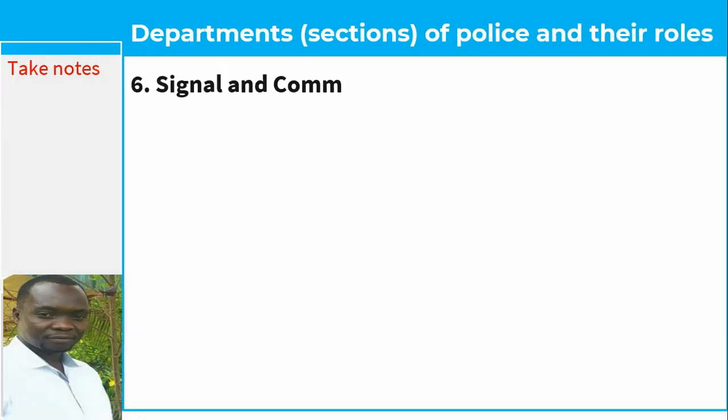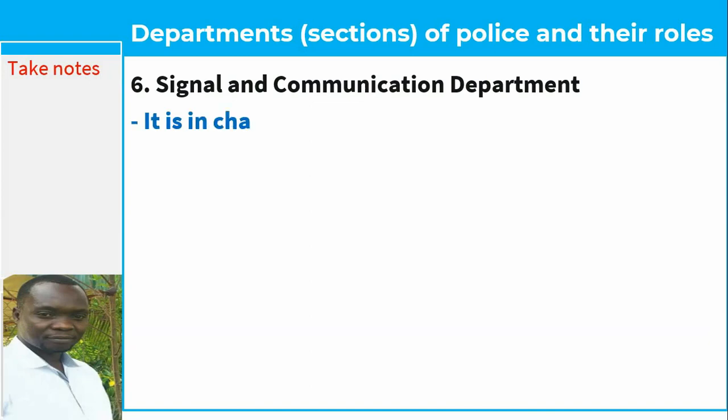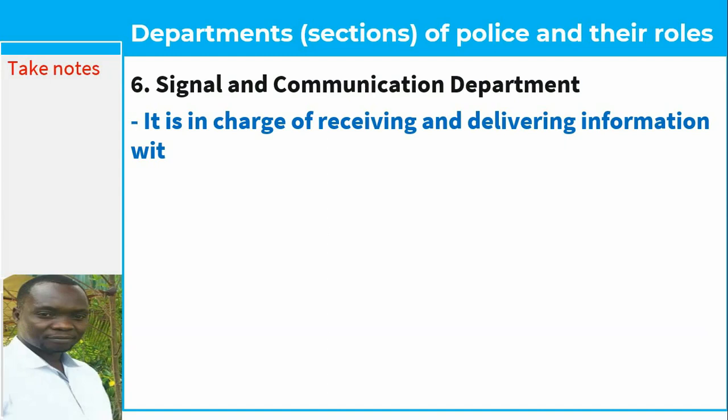Okay, let's continue to look at the next departments. This time I have put many of them together. We will quickly look at them. The next one here is Signal and Communication Department. This department is in charge of receiving and delivering information within the police force.